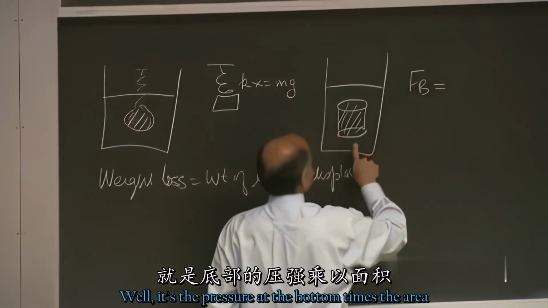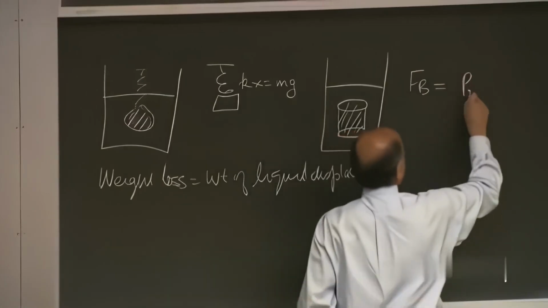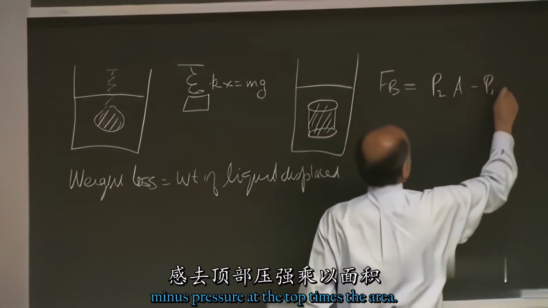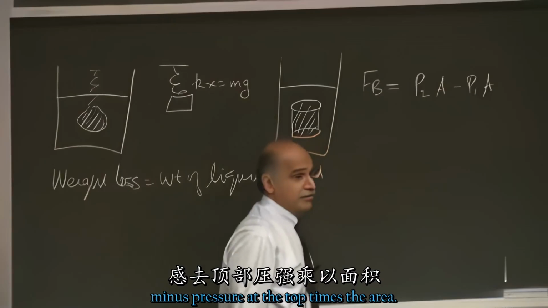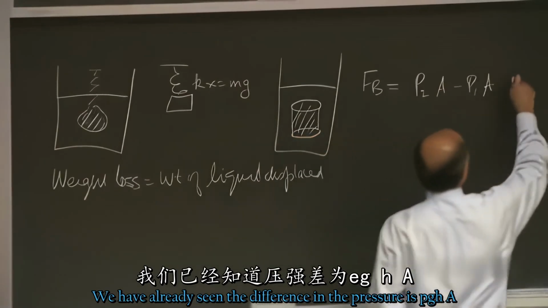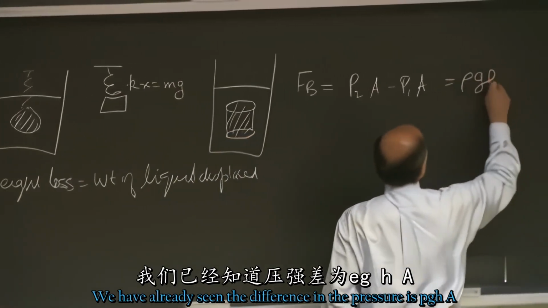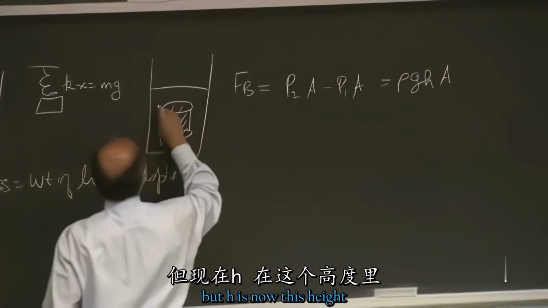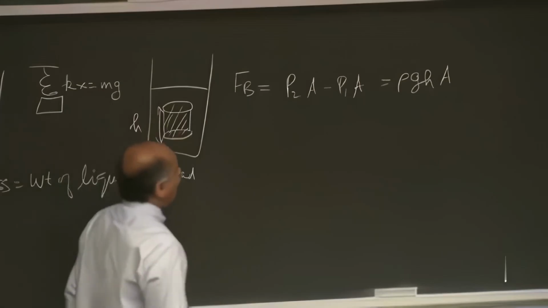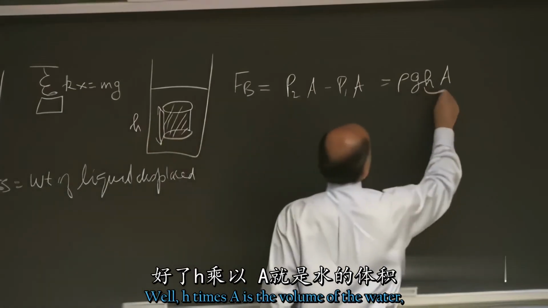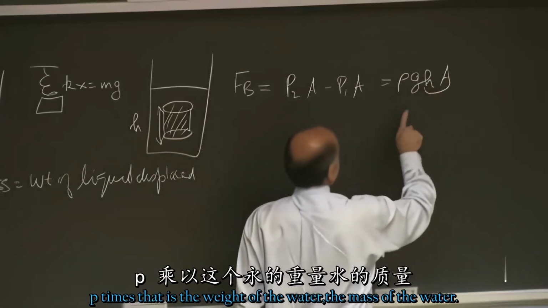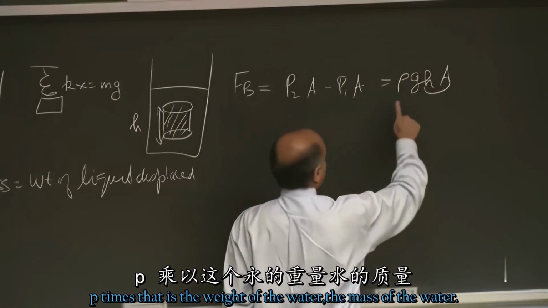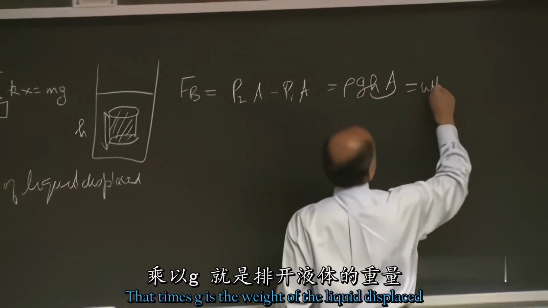Well, it's the pressure at the bottom times the area minus pressure at the top times the area. We've already seen the difference in the pressure is rho g h, and h is now this height. Well, h times a is the volume of the water. Rho times that is the mass of the water. That times g is the weight of the liquid displaced.